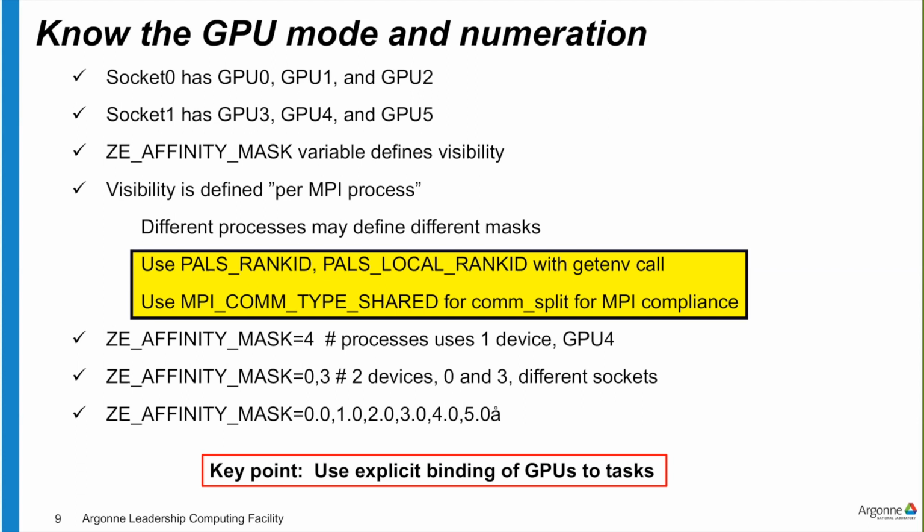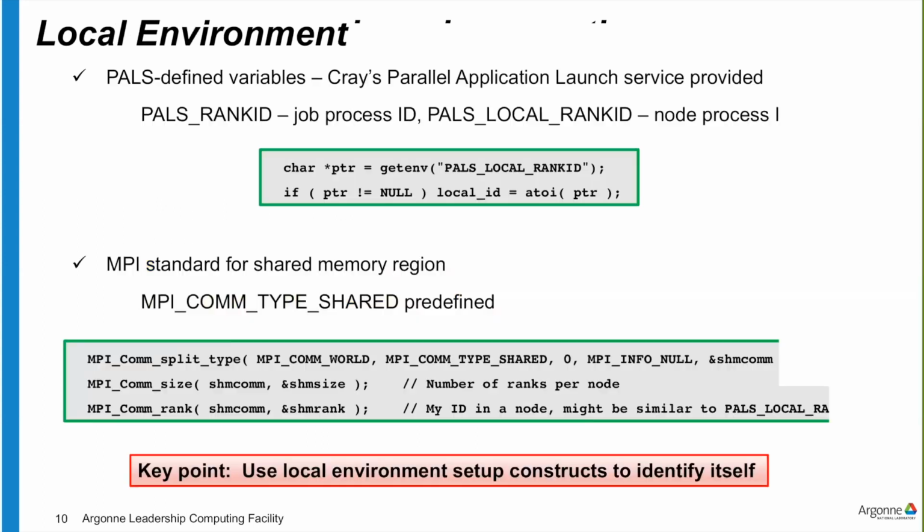Then, of course, you can split the MPI communicator using the MPI_COMM_TYPE_SHARED split type and understand which MPI processes are sharing the same node. An example is over here. That's how you identify the local environment. You can keep the slide for reference later.